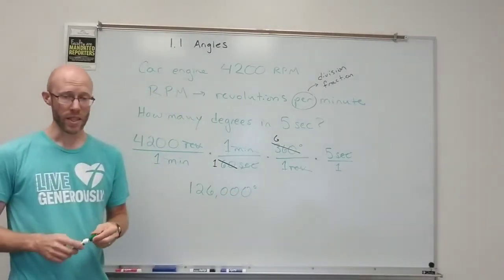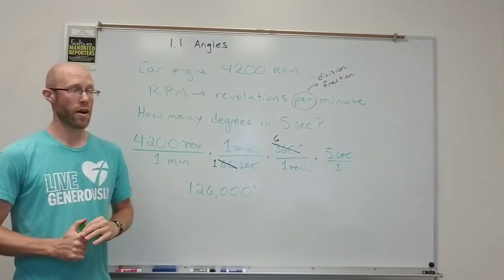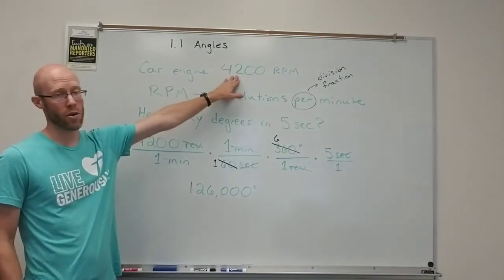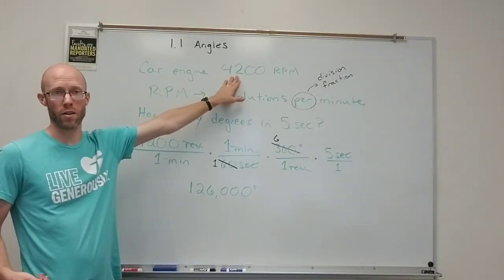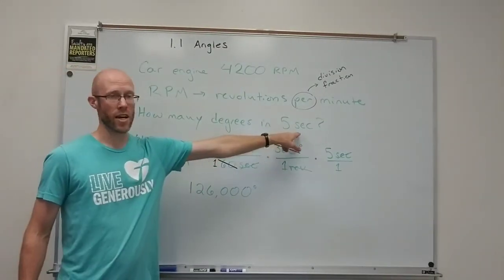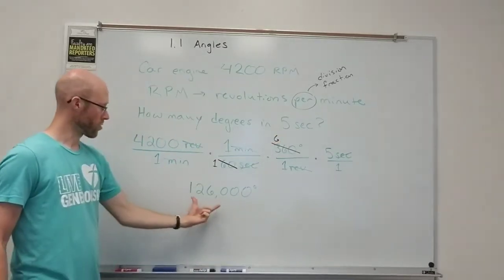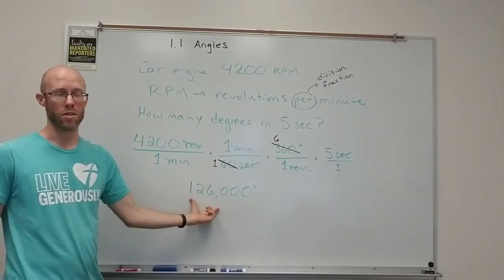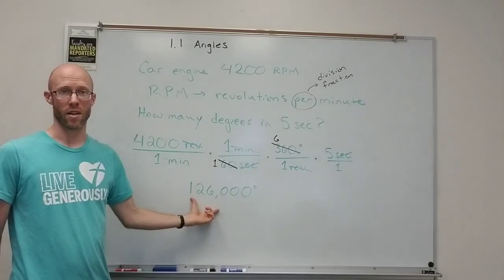Essentially, if you have an engine running at 4,200 RPM, and it runs for 5 seconds, it would be going through 126,000 degrees in that 5-second period.